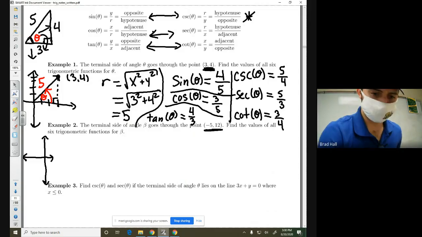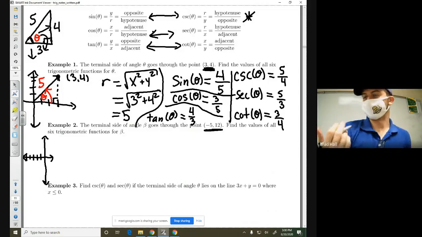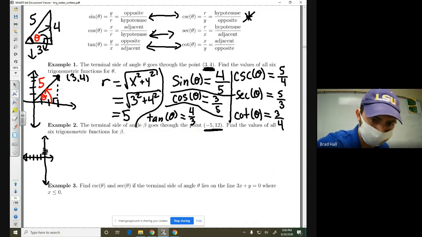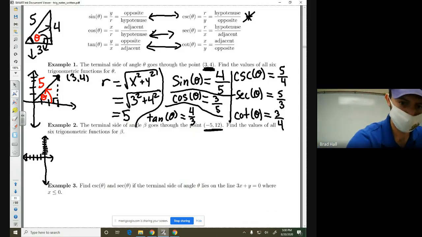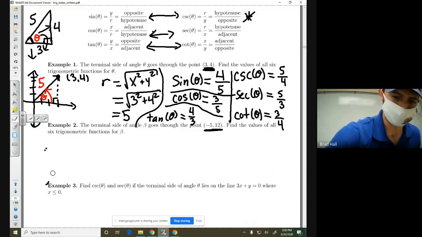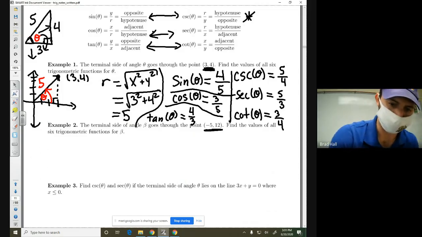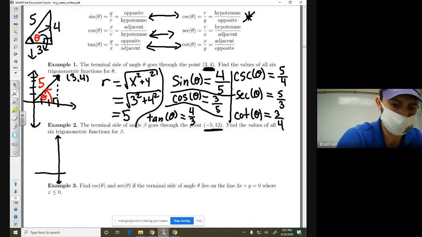So going to the left, 1, 2, 3, 4, 5, because we have -5, and then positive 12, just shove a bunch of these in there, you get the point. Still not going to be enough room. One more time. We need a lot of room. 1, 2, 3, 4, 5. 1, 2, 3, 4, 5, 6, 7, 8, 9, 10, 11, 12. Okay, there we go. That'll be plenty.